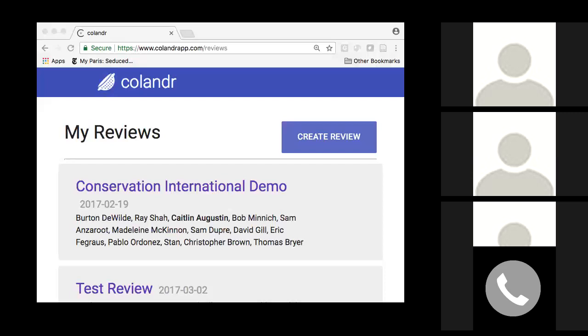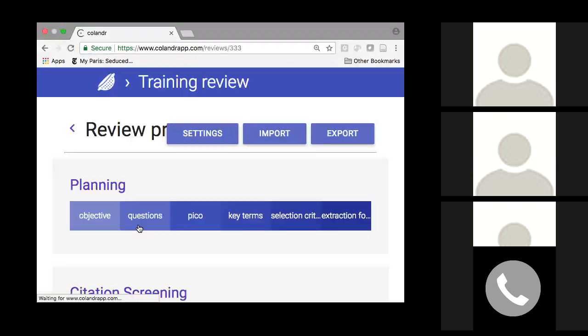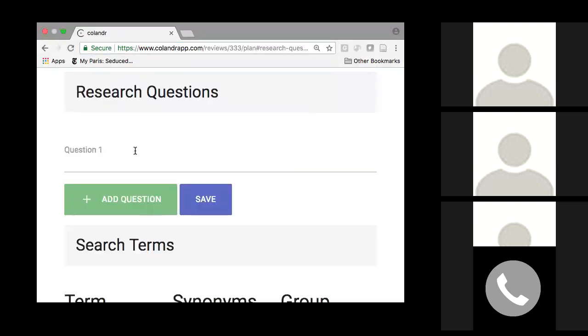So, we're not going to figure out your PICOs right now, per se, or your final PICOs now. Okay, so if you're in Calendar, I would just refresh the page. I just reset the server. And I'll go back to your review. And let's see, add a question. Nope, it still doesn't work. Okay, well, you can't add your questions. I take it back.